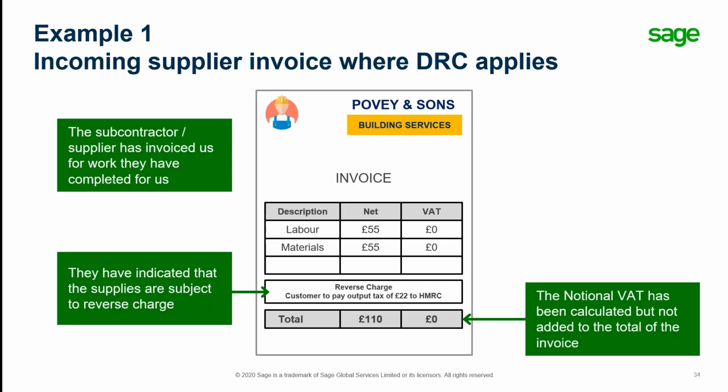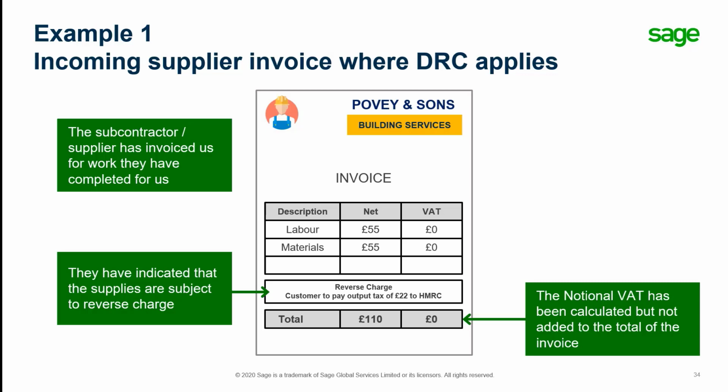Next, we need to check the invoice we've received is correct. It's up to us receiving the invoice to ensure that we are receiving correct invoices under this new legislation. If you've been invoiced incorrectly, for example charging VAT when you should have had domestic reverse charge applied, you need to inform the supplier and ask them to reissue the invoice.